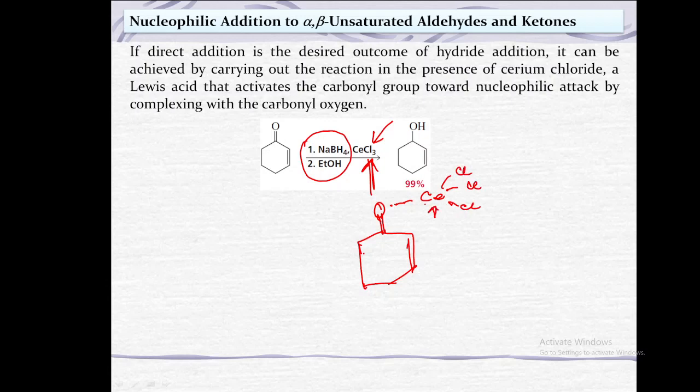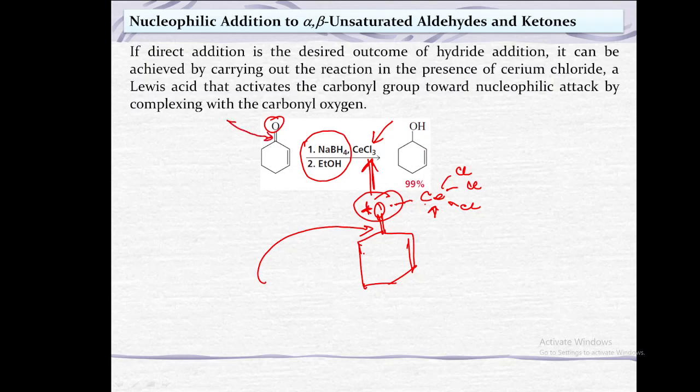Now, because this is a metal, it activates the oxygen of the carbonyl towards nucleophilic attack. This activation supports direct attack, or direct addition, an attack at the carbonyl, because the oxygen has been somehow activated, not protonated, when it chelates with the metal.